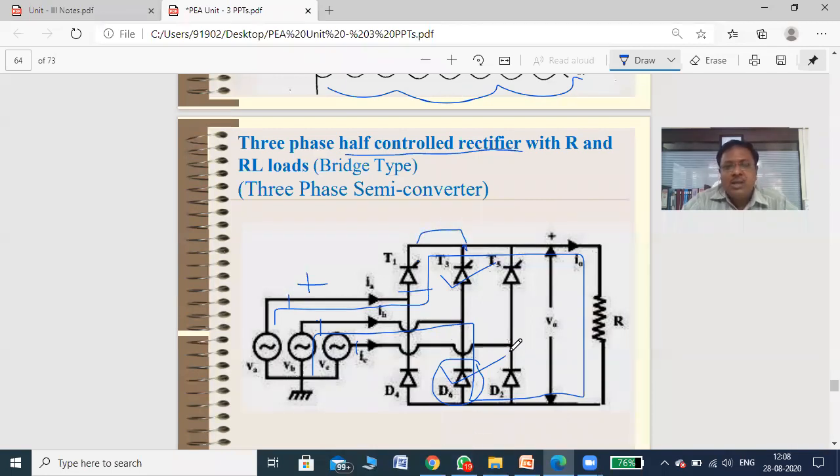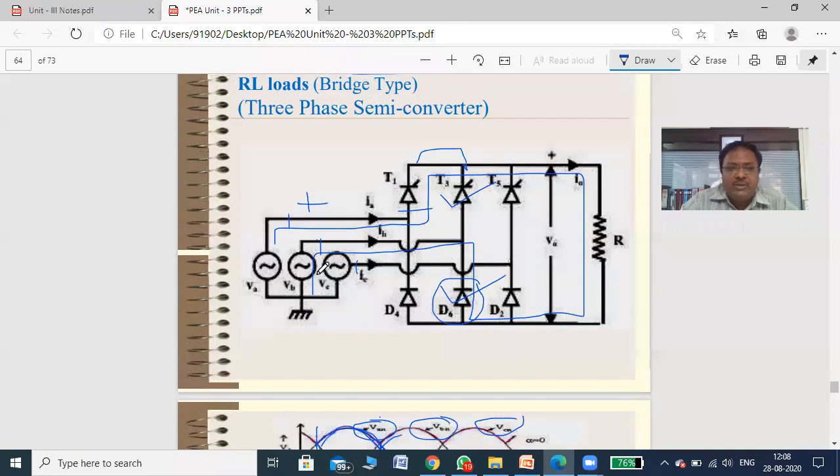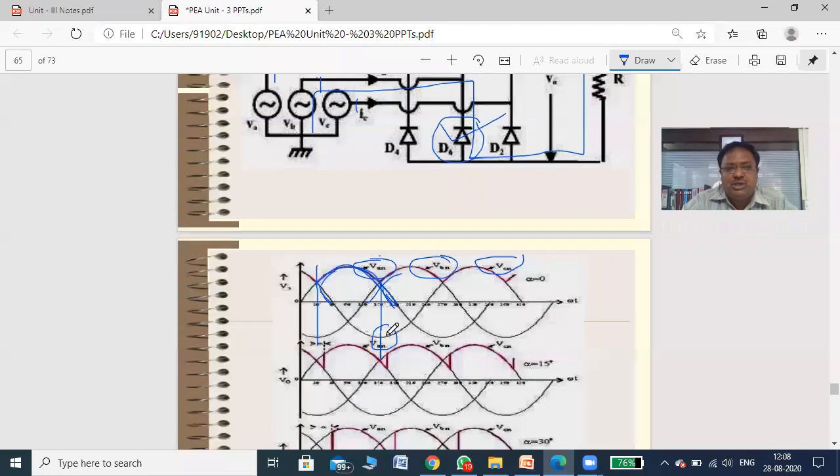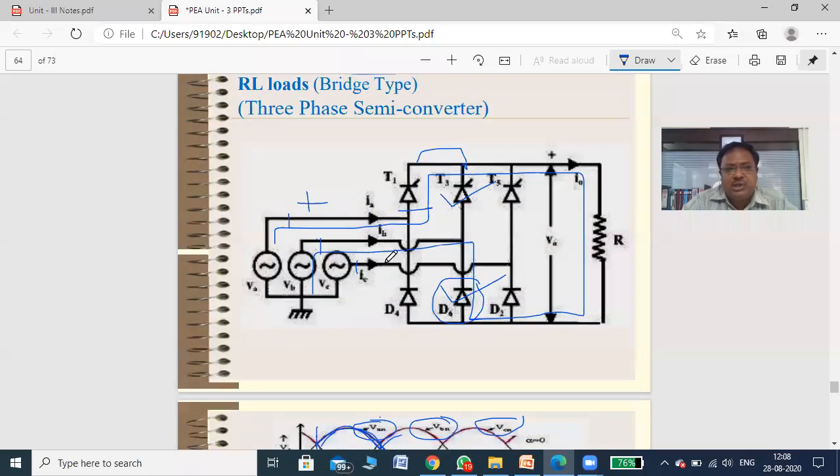Okay. So what happens if phase B is more positive, thyristor T3 is in forward bias condition, and at the same time the phase C is most negative. So phase C is most negative, it means diode D2 is also in a forward bias condition. So two devices are in forward bias condition, T3 and D2, when phase B is most positive as compared to the other two phases, right?